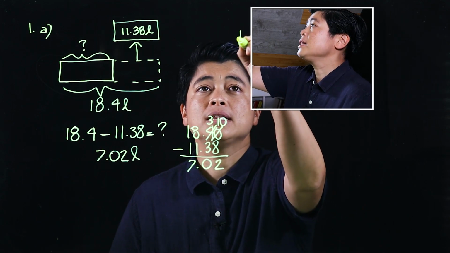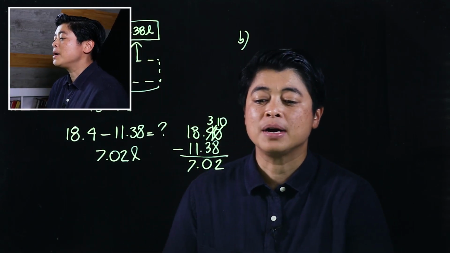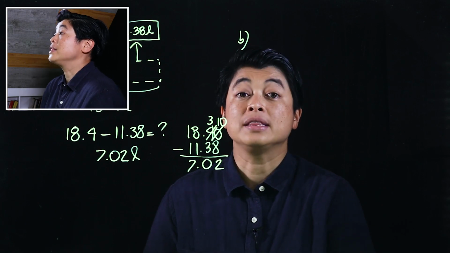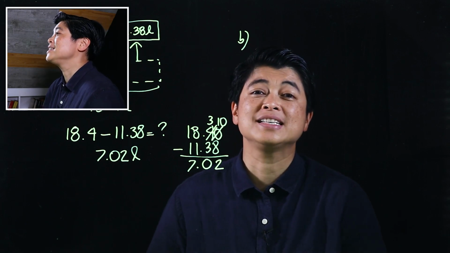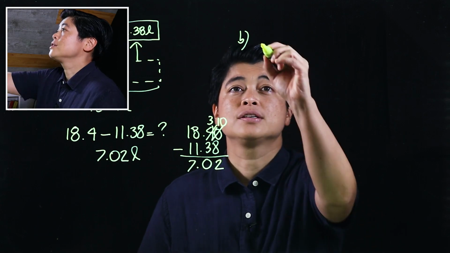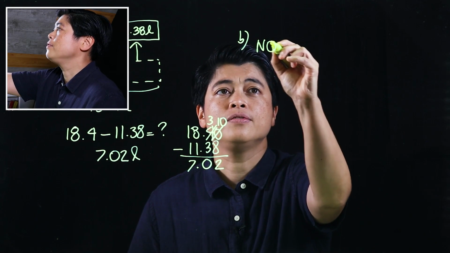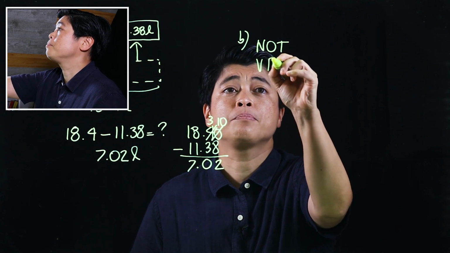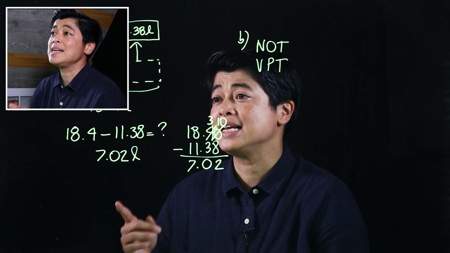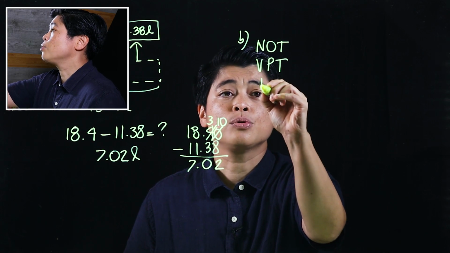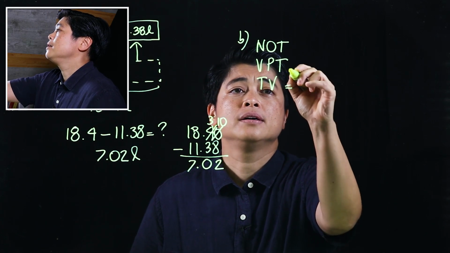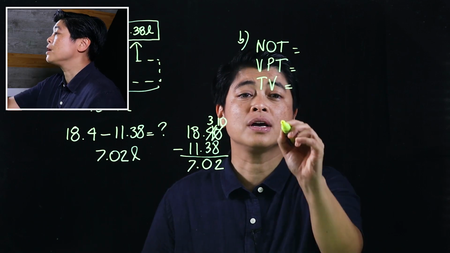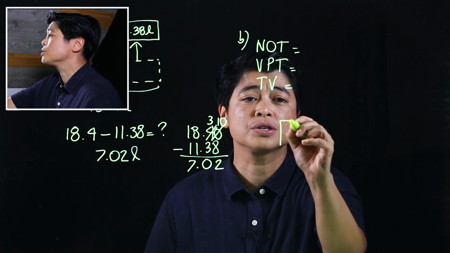But in letter B, it says how much lemonade did each container contain. Which means this has an each: number of things, and technically volume per thing because it's liters, and total volume. But if you don't want to do it this way, we can also do the bar model approach.